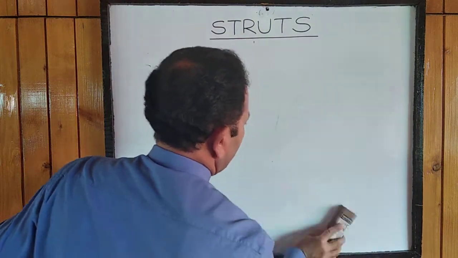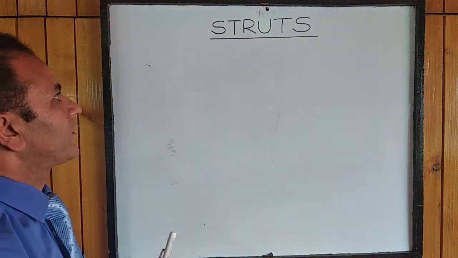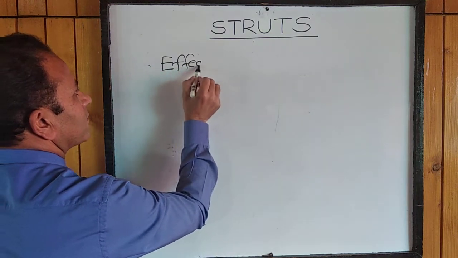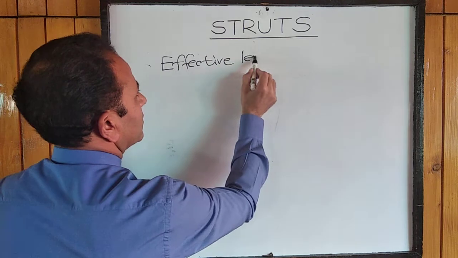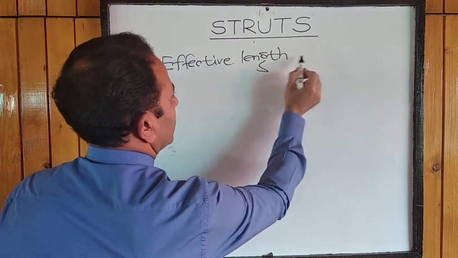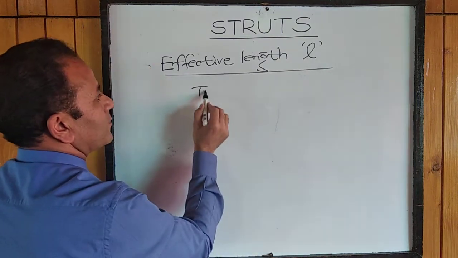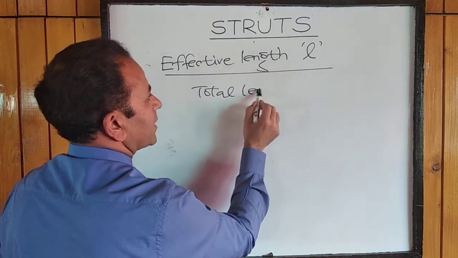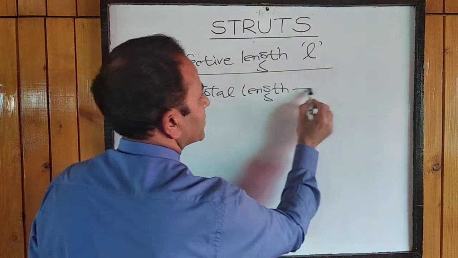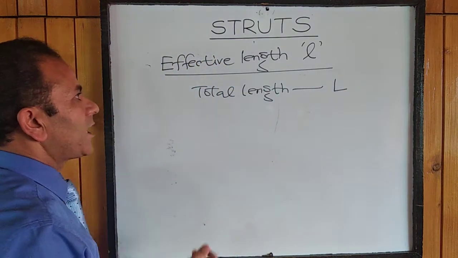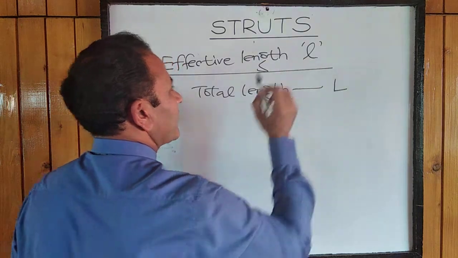Then we have the effective length of the strut, denoted by small l. The total length of the member, that is the length from center to center of intersection, is the total length of the strut, and we have to find out the effective length.